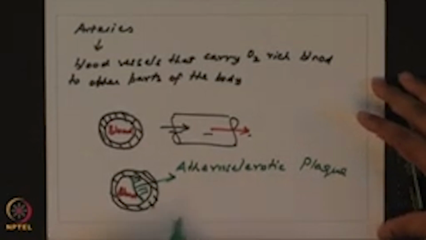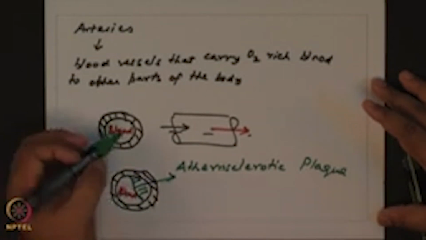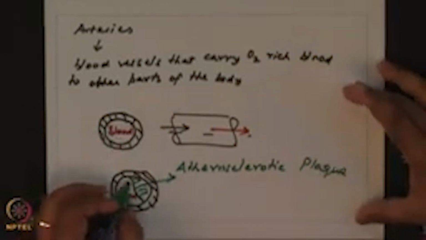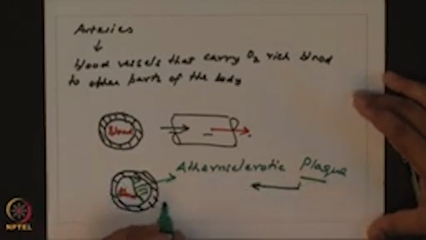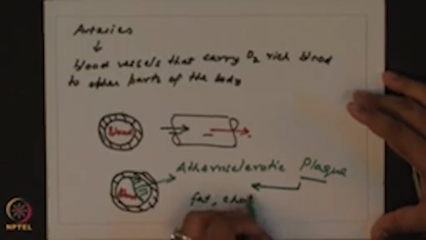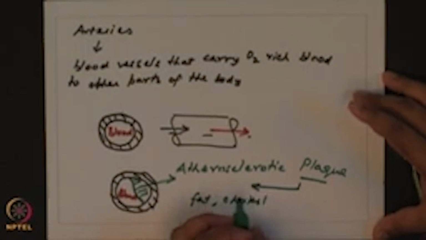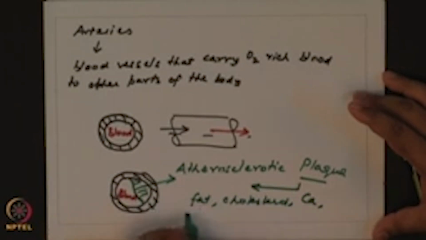So, this atherosclerotic plaque essentially restricts the blood flow. So, instead of flowing through the entire artery, blood flow is restricted. And this plaque is made up of multiple constituents, including fat, cholesterol, calcium, and other substances.